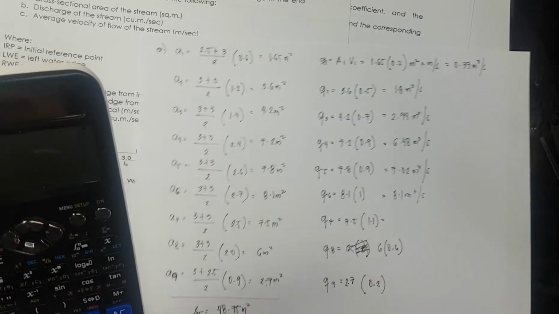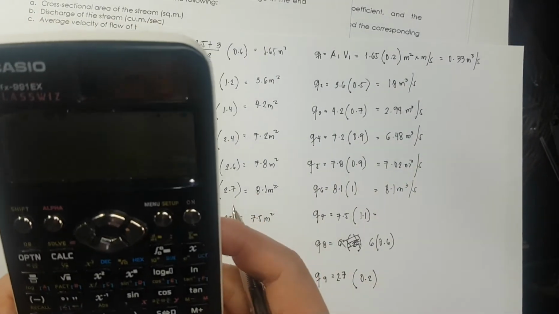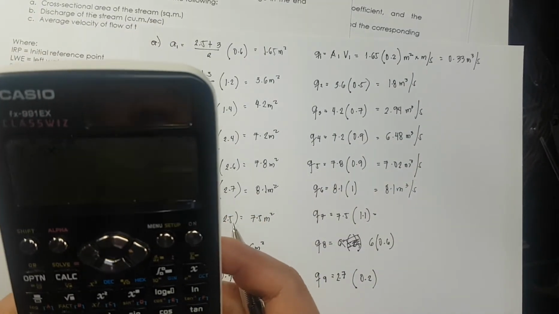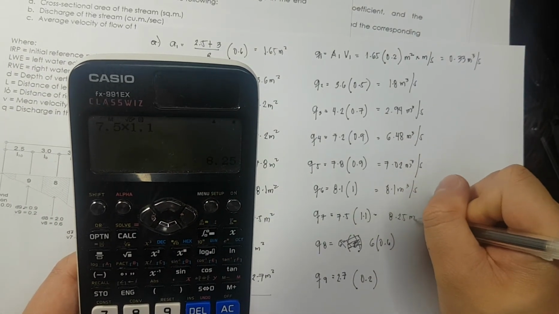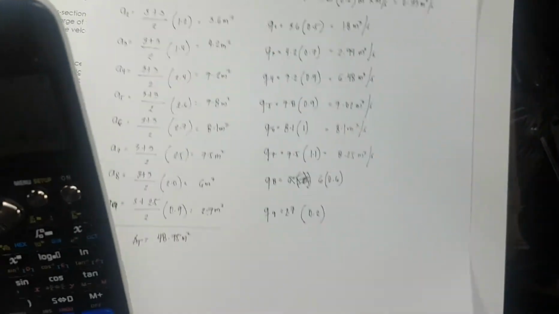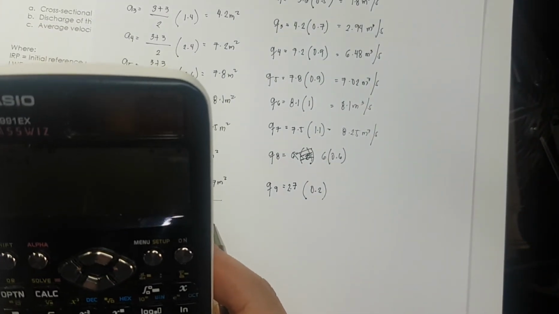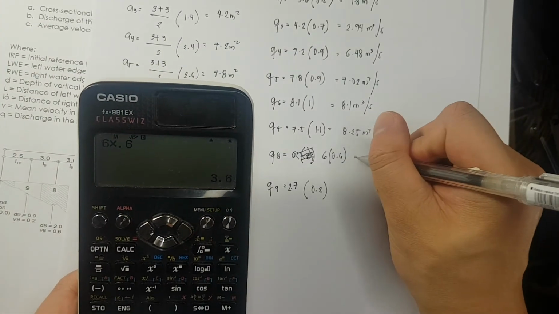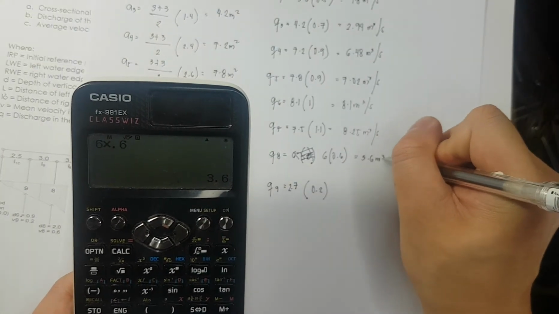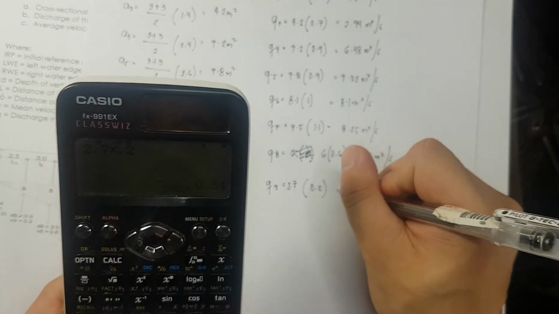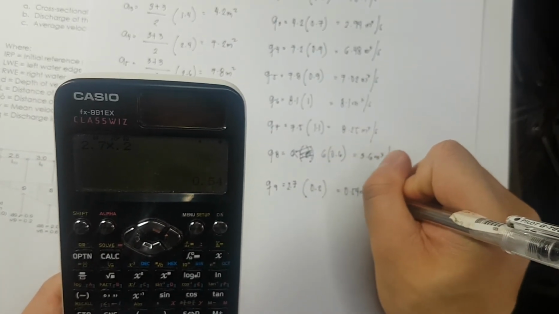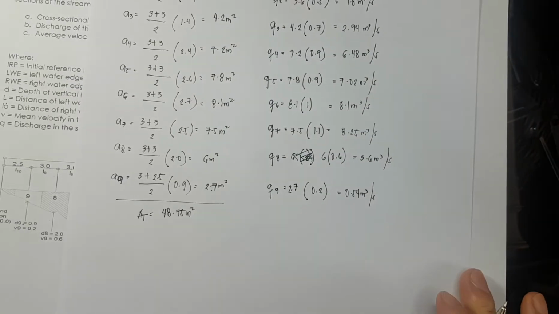Then 7.5 times 1.1, that is 8.25 cubic meter per second. 6 times 0.6, that is 3.6 cubic meter per second. 2.7 times 0.2, 0.54 cubic meter per second.